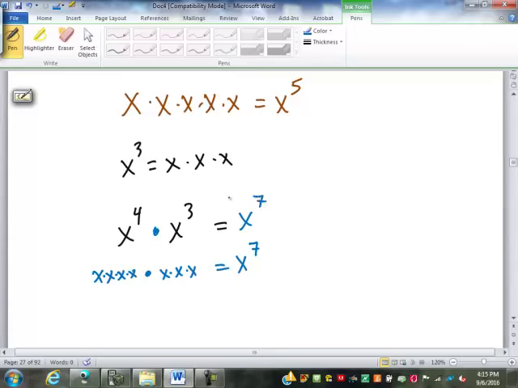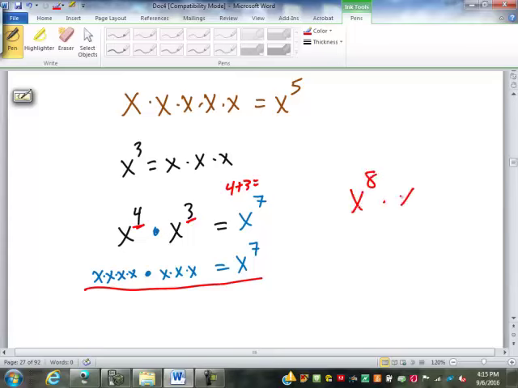I have 7 x's being multiplied together. Now a shortcut, this is the actual multiplication down here. We are actually multiplying, but the shortcut is, the appearance is, what's happening to the powers? Adding them together. 4 plus 3 equals 7. Now we're not adding, we are multiplying, but again, the appearance is with the powers as they get added together.